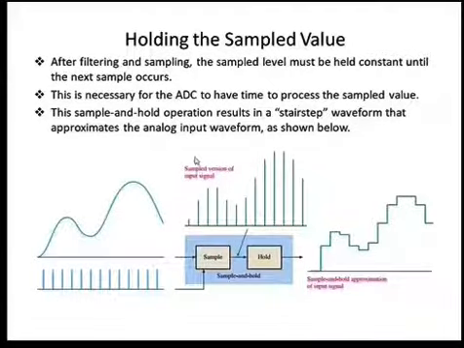Of course, the next stage will be the ADC, which will convert these sample values one by one, so you have to give enough time to the ADC to process each sample value. This sample and hold operation results in a stair-step waveform that approximates the analog input waveform as shown below. Here you can see our original analog signal which we want to convert into digital form.